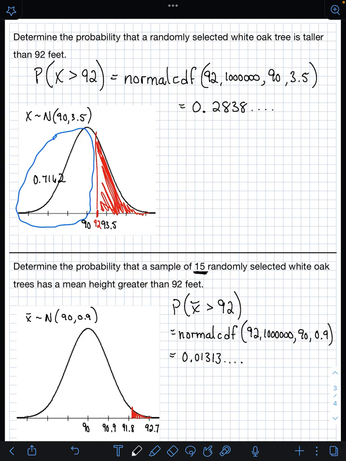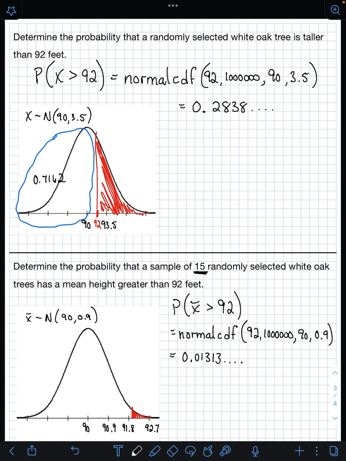So now we're trying to say, all right, we've got almost 3 times the chance of pulling a small tree as we do a big tree, and yet we're somehow supposed to come out with basically an even number on each side so that our average comes out to be 92.